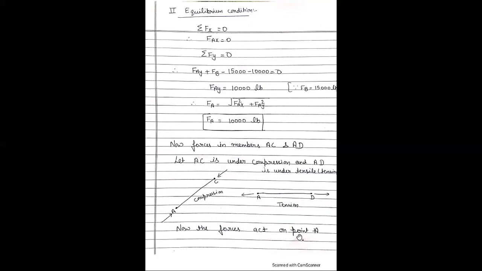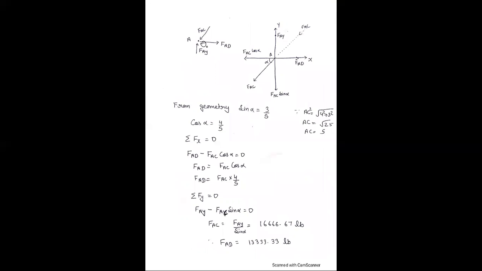Now the forces act on point A. At point A, there is a vertical force Fay, from point C, Fac, and from point D, Fad. Now represent this on the diagram, Fad along the x-axis. Resolve Fac into two components: along the x-axis, Fac cos alpha, and vertical, Fac sin alpha.